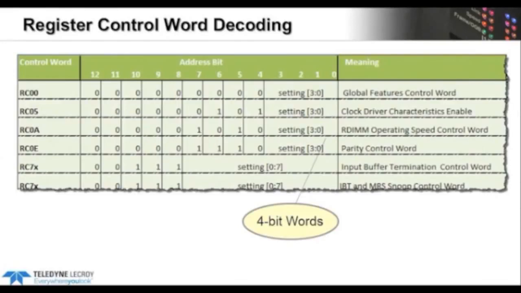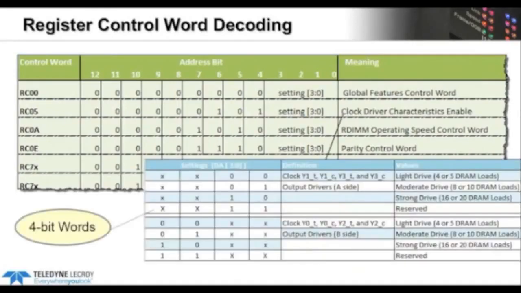For example, RC05 gives us a 4-bit configuration for setting the clock driver strength. This allows the host to boost the clock signal to a higher level, maybe to compensate for a too high stack or a different design, a different raw card. So register commands will play an important part in getting the system configured and really running at the higher DDR4 speeds.